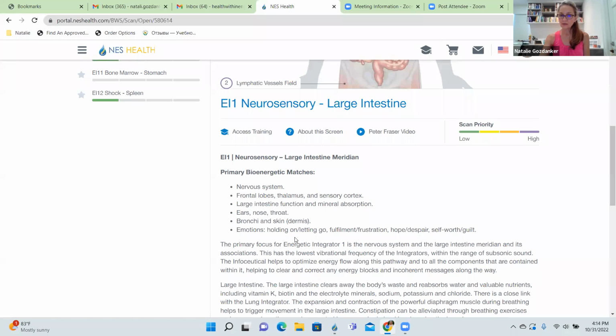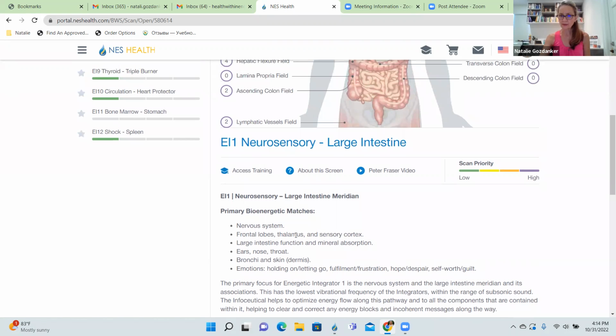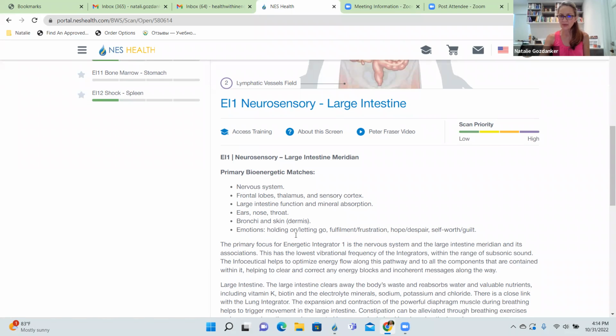So the nervous system plays a huge role in neurosensory integrator 1, and the large intestine meridian also associates with that greatly. It has the lowest vibrational frequency of all the integrators.